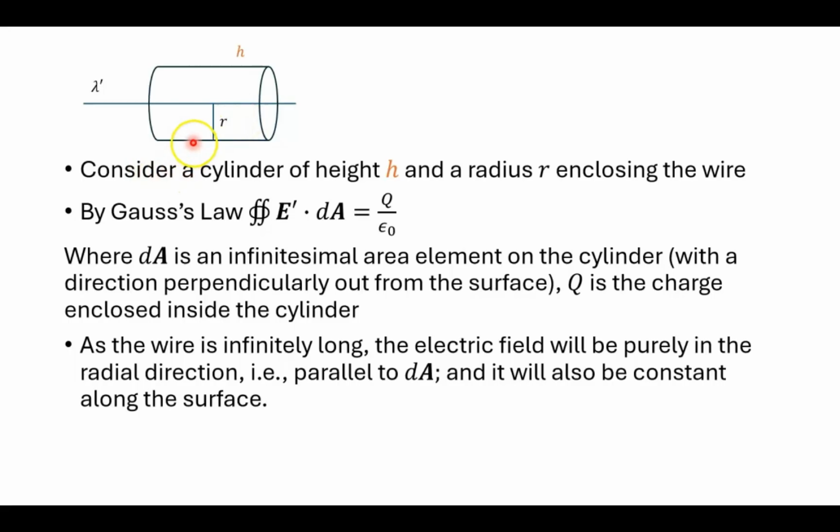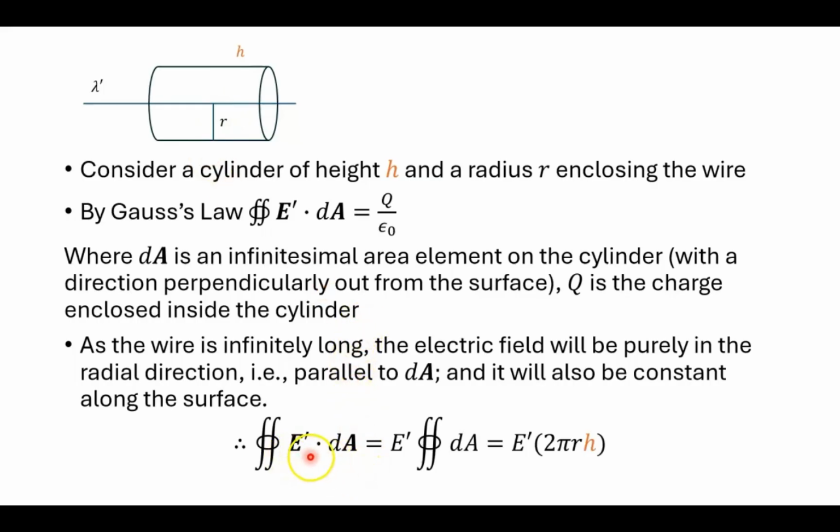So we have this field and this field, they together cancel out in the direction along the wire, and it only gives you the electric field purely in the radial direction. And because the wire will be the same no matter how you rotate it, it will be constant along the surface, because the surface of the cylinder is the same radius r away from the wire.